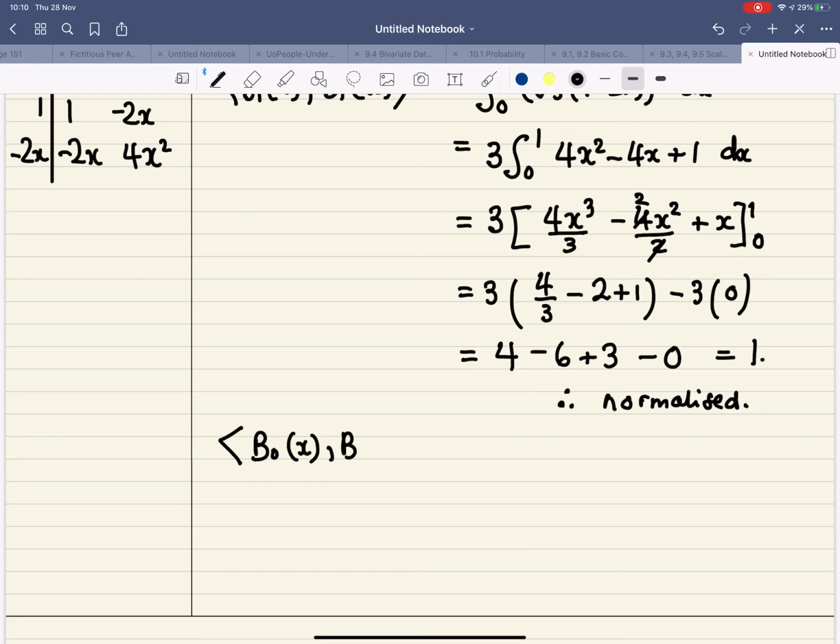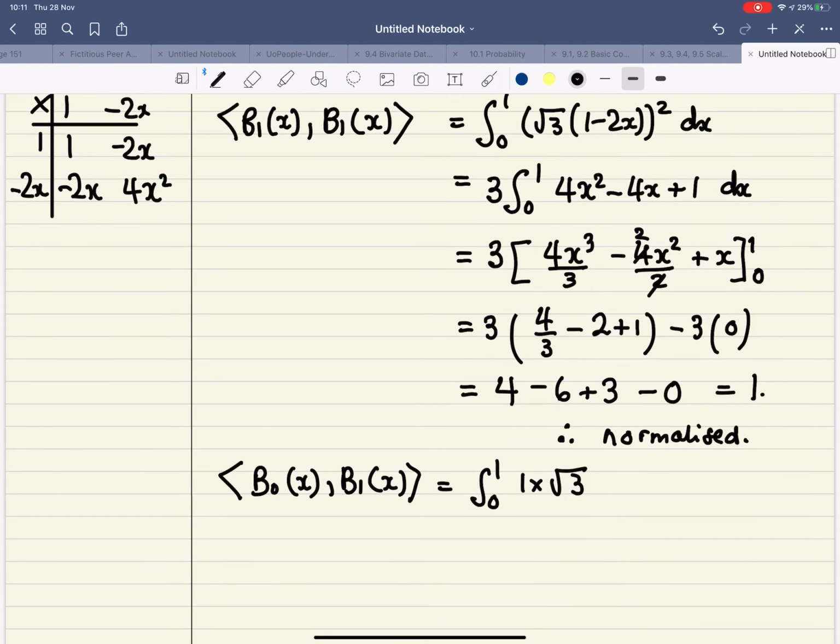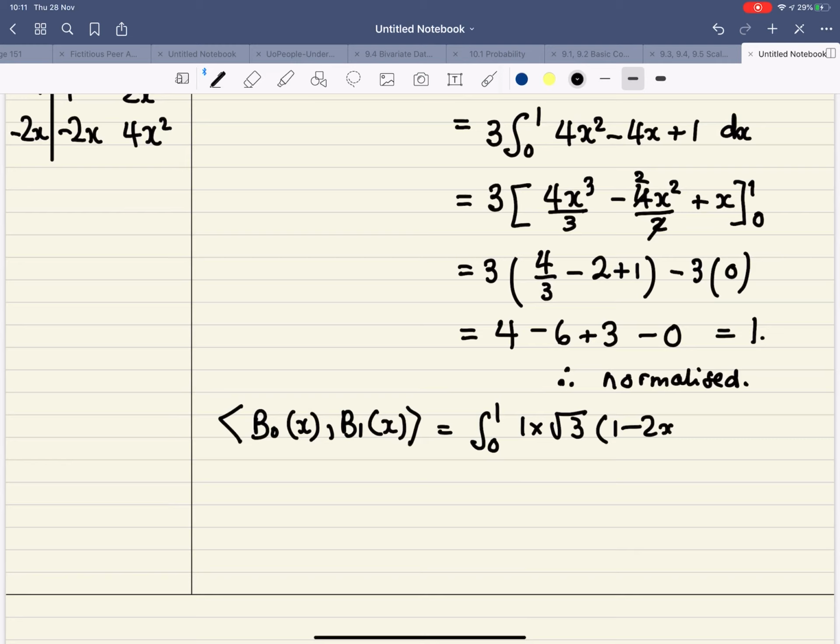Doing b naught with b1x, this is the integral from 0 to 1 of 1 times root 3, 1 minus 2x dx. I've taken the root 3 outside the bracket, so I'm left with this to integrate. 1 integrates to x, and for 2x, add 1 to the power, divide by the new power, and the 2's cancel.